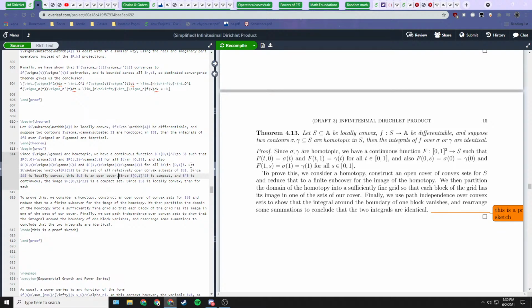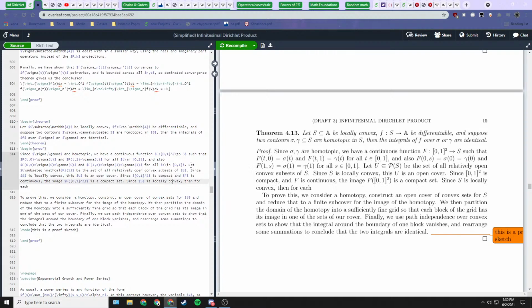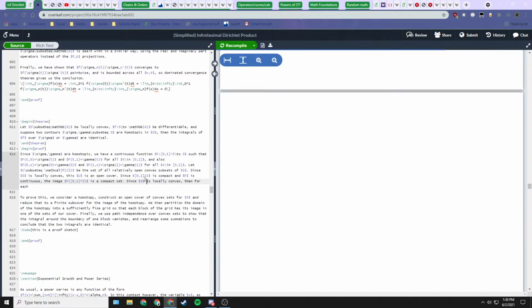Open cover just means that it consists only of open sets, and every point in S is in at least one of those sets. Then, since the unit square [0, 1] squared is compact and f is continuous, the image f over [0, 1] squared is a compact set.